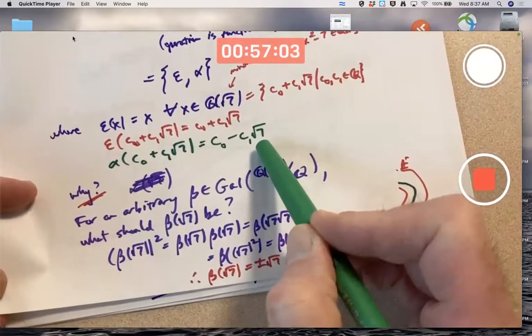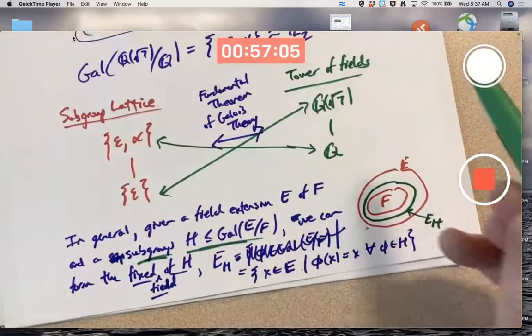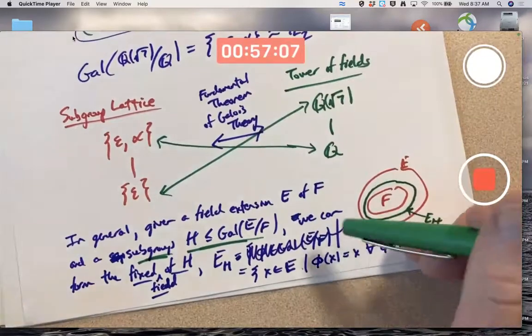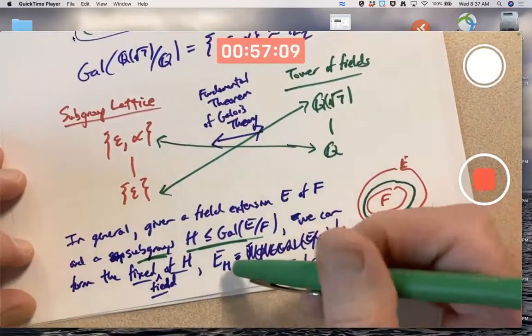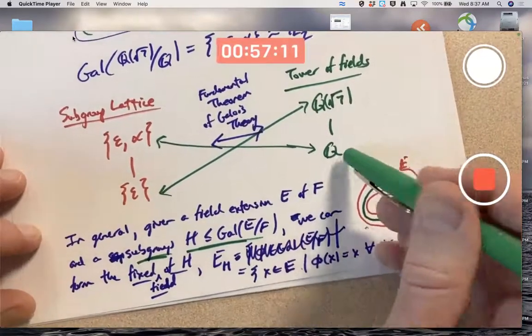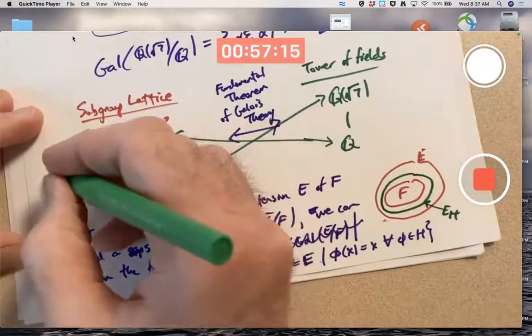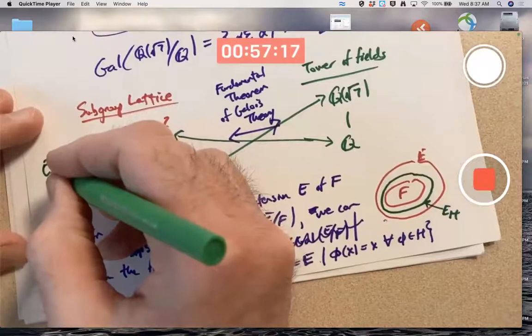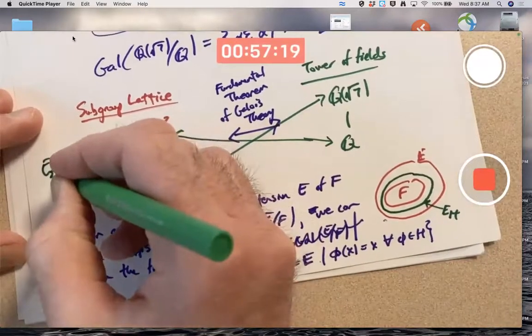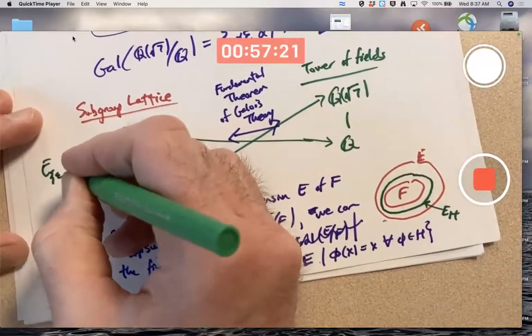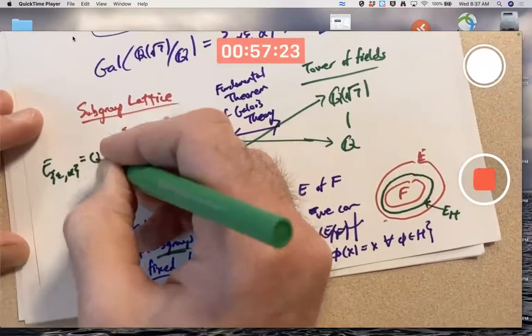It's going to fix Q. Kind of funny notation here, but the fixed field of the entire Galois group, epsilon alpha, is Q.